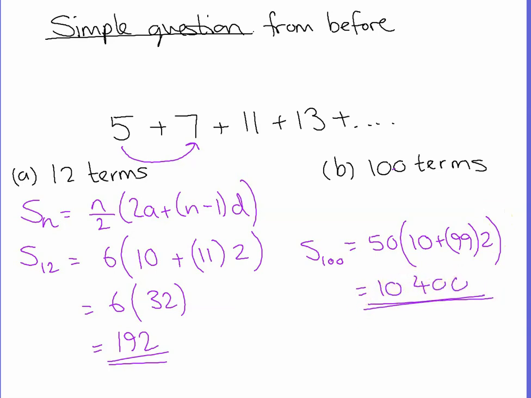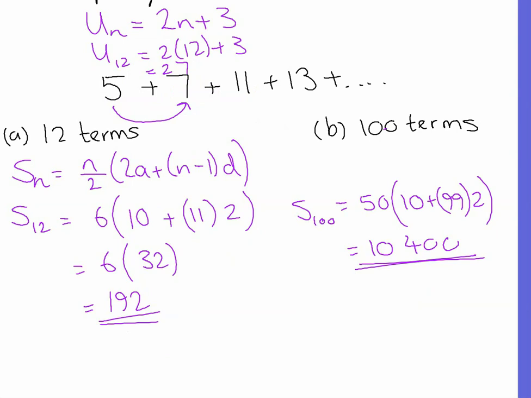Okay, so today it's about practicing some simple versions of that. What you could have done actually as well to get these answers using the other formula. So the nth term is 2n plus 3. So what would be the 12th term, for example? The 12th term is 2 lots of 12 plus 3, which is 24 plus 3, 27.